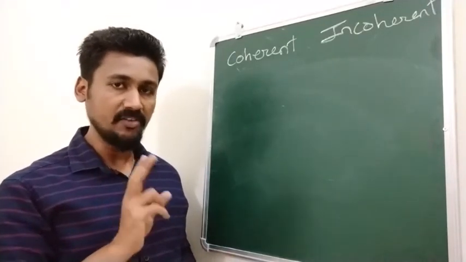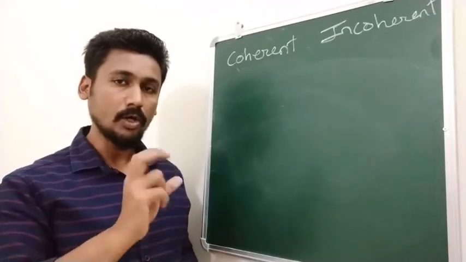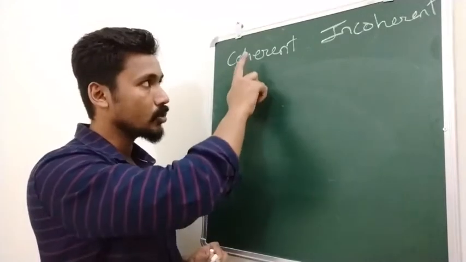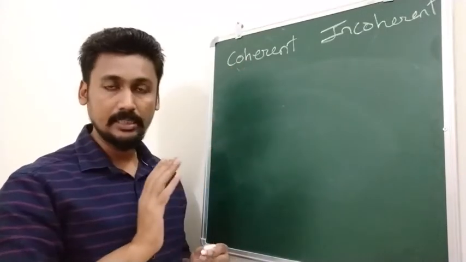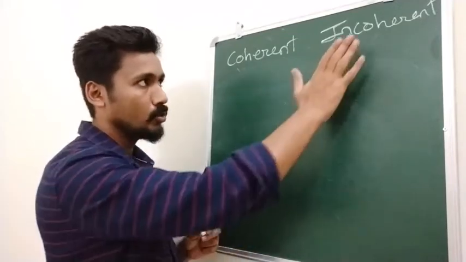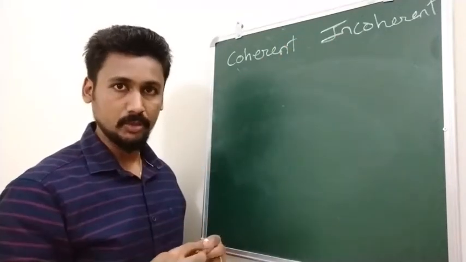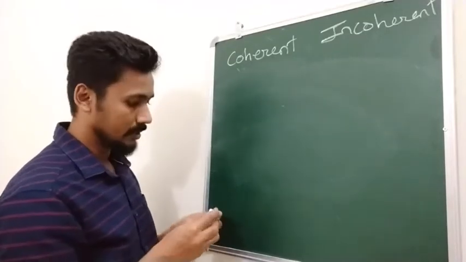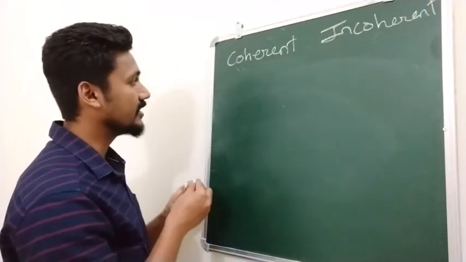Now what are coherent sources? Coherent sources means if two sources have a constant phase difference between them, those sources we will call coherent. And if for two sources the phase difference keeps changing with time, then those sources we will call incoherent sources. Correct? This is a very simple way to visualize. So coherent sources, you can imagine something like this.